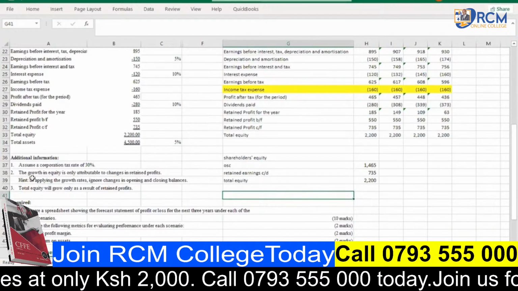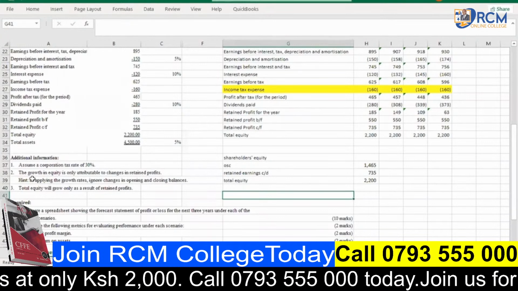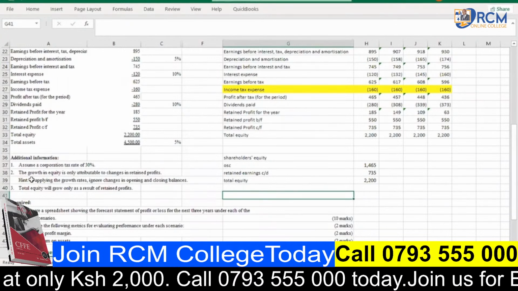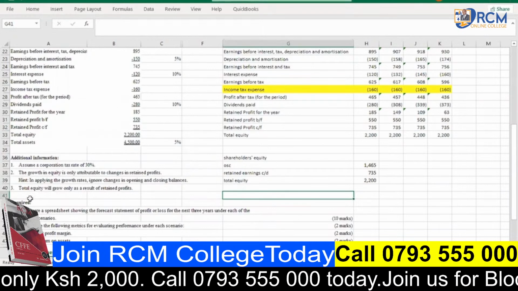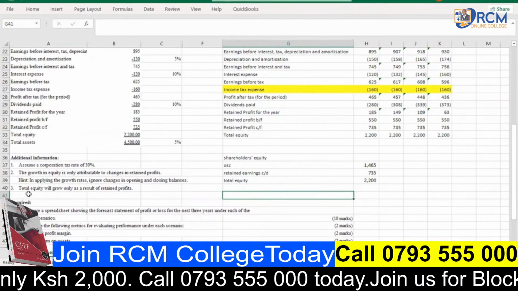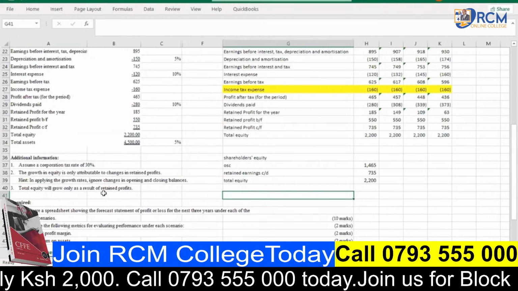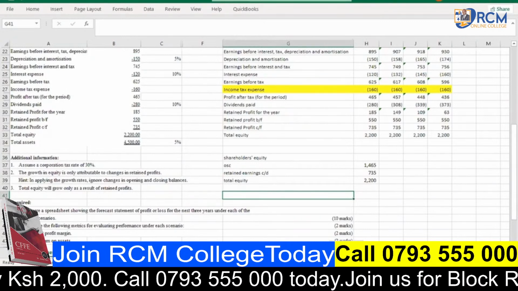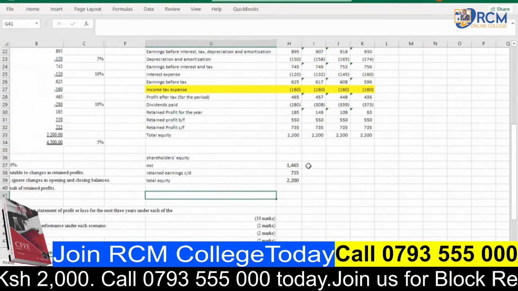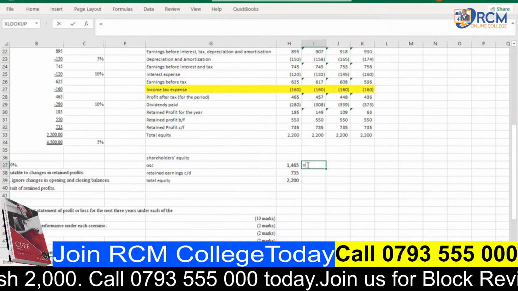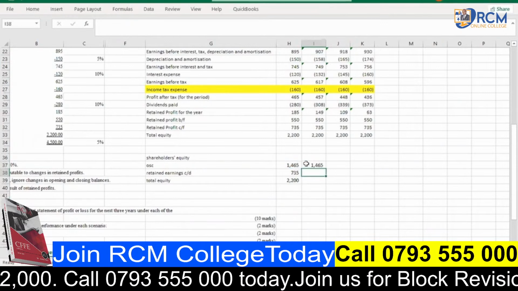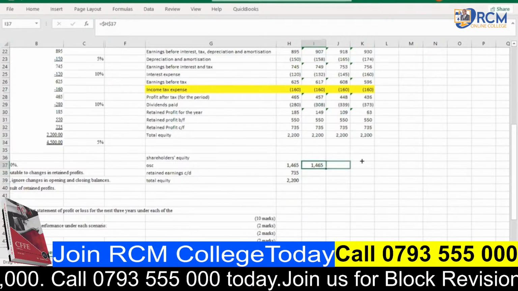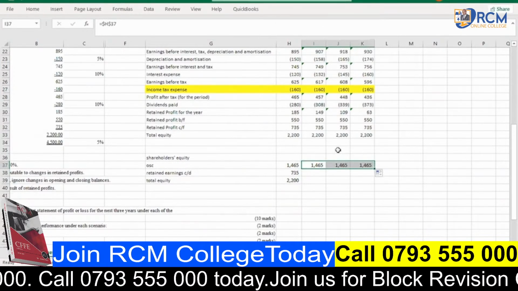The growth in equity is only attributed to changes in retained profits. Total equity will grow only as a result of the retained profits. So it means ordinary share capital will be constant all through, up to the last year.